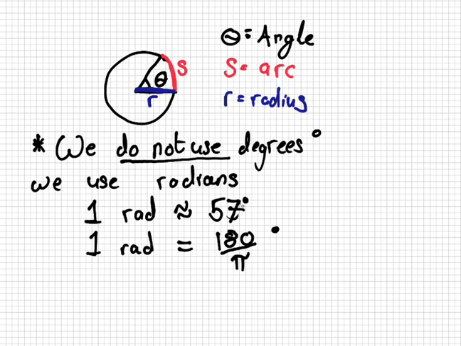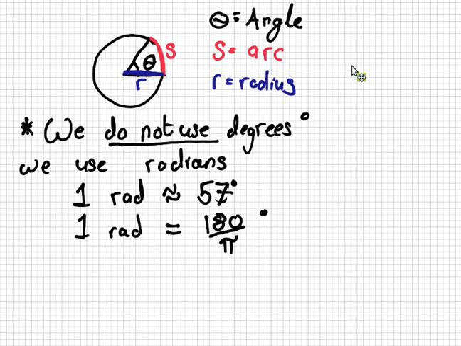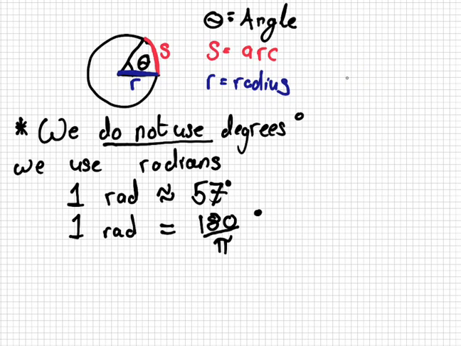I can't think of a situation where you must use Celsius and not Kelvin. So why must we use radians and not degrees? If you wait a moment, you'll see the reason why. I'm getting to it.